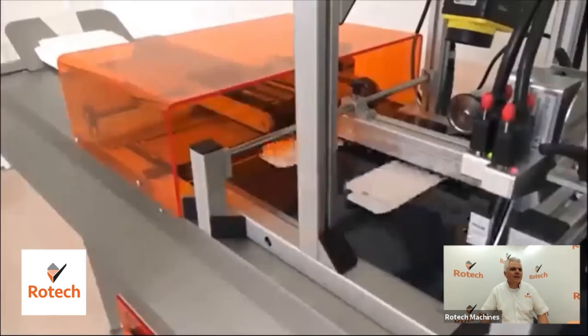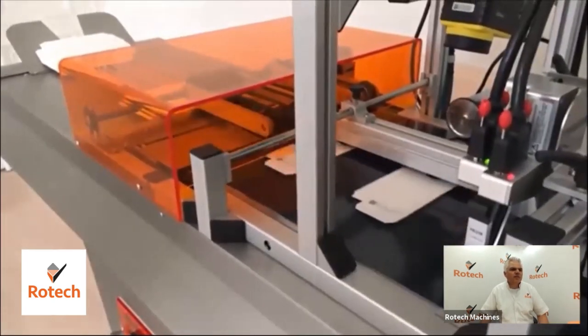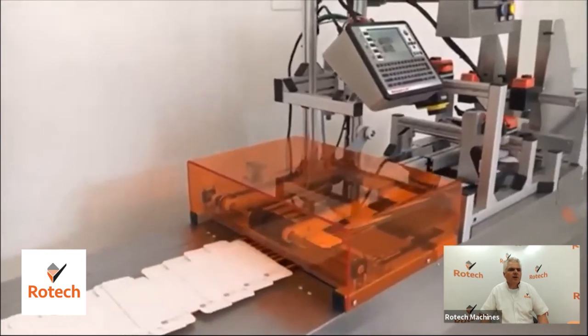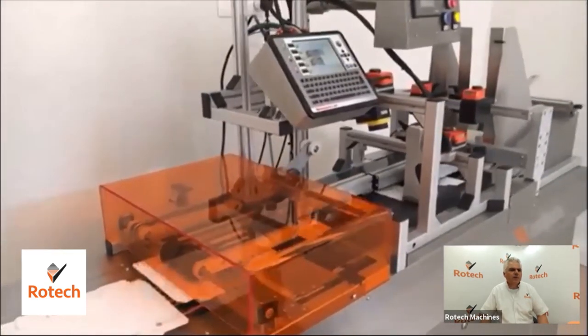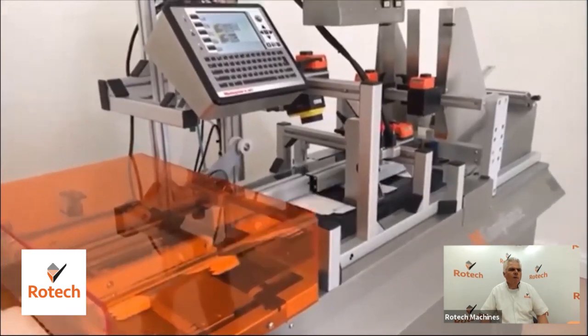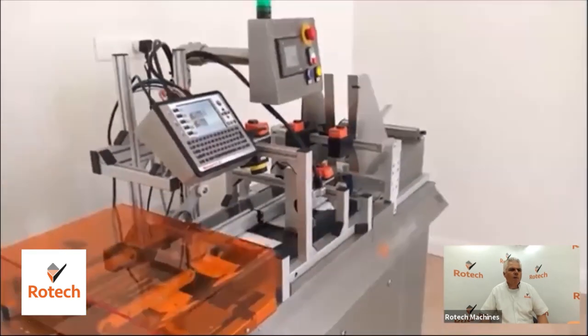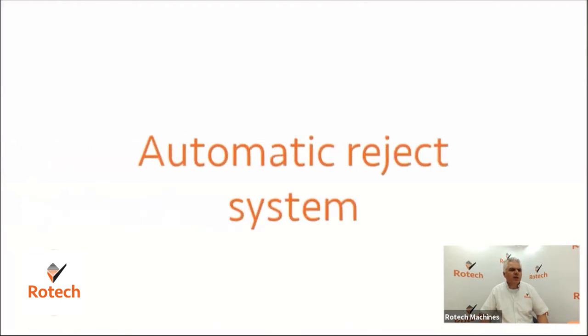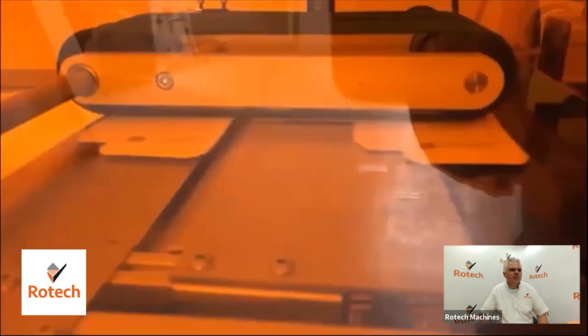Now if it's bad, it goes down the reject flap, which you can just see popping up there, and goes down into the reject bin. And if it's good, it carries on onto the shingling conveyor. So there you can see cartons running down. You'll get a bit more detail here of the automatic reject system.